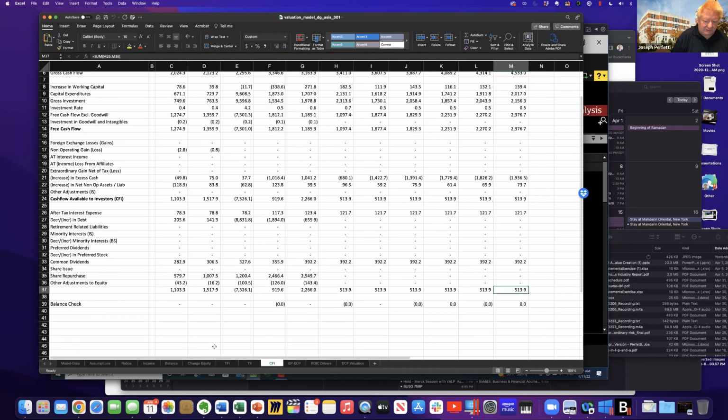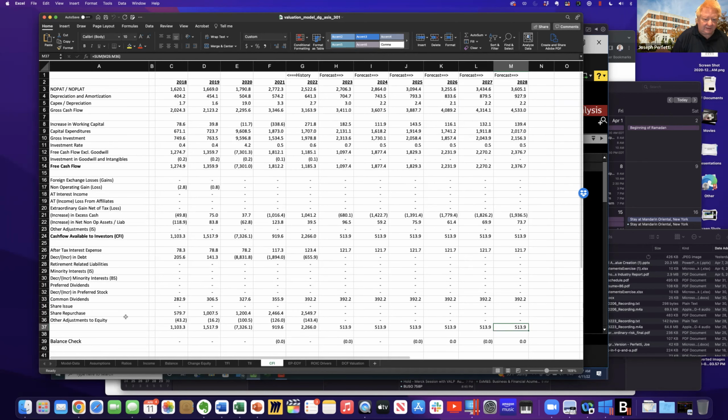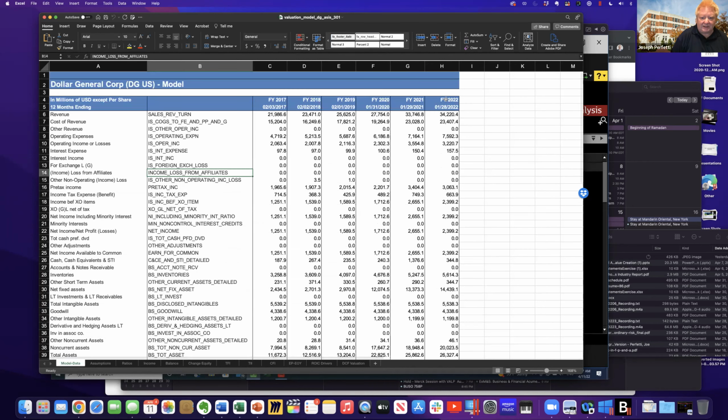So once you have done that, then you would have started adjusting the data for Dollar General. So the first thing you do is you notice that the last year for Dollar General is 2022, okay? Because retail firms don't have a fiscal year that ends in December. Many of them actually end in January to capture the full Christmas holiday selling season.